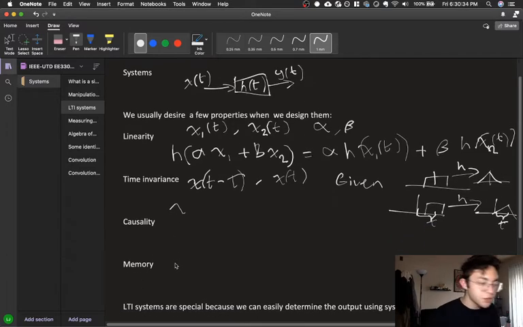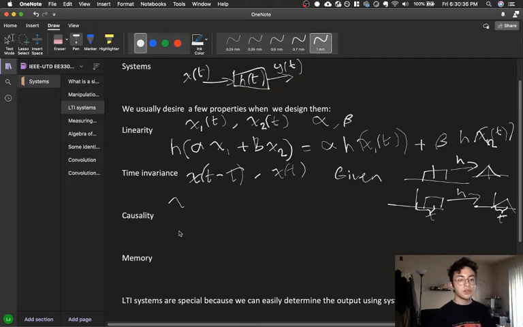Right, so a causal system is also another property that we want. What's that? Yeah. Do you mind sending me the question that you're talking about? Because time invariance can be done in different ways.